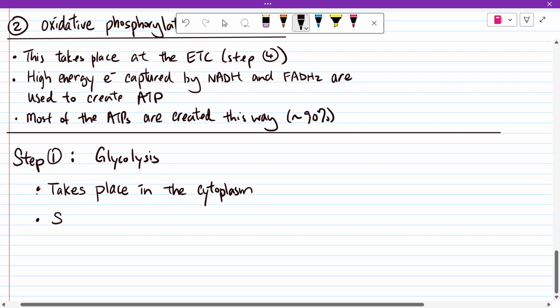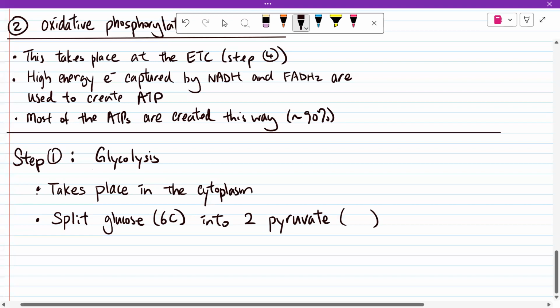What is going to happen is we split glucose. Glucose has 6 carbon, right? C6H12O6, 6 carbon. We split glucose into 2 pyruvate molecules.